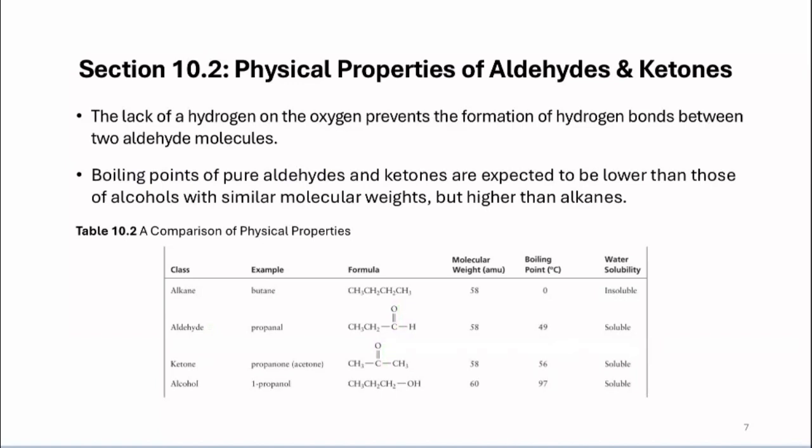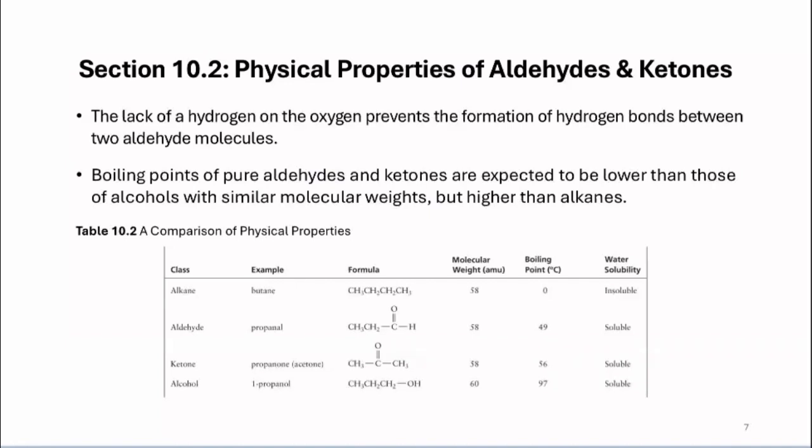So in these molecules, since we have a polar bond, and overall, we see that there's differences in specifically the groups that are surrounding them. And when it comes to attractive forces, they have dipole-dipole attractions. That explains that the boiling point of these molecules is going to be higher than alkanes.